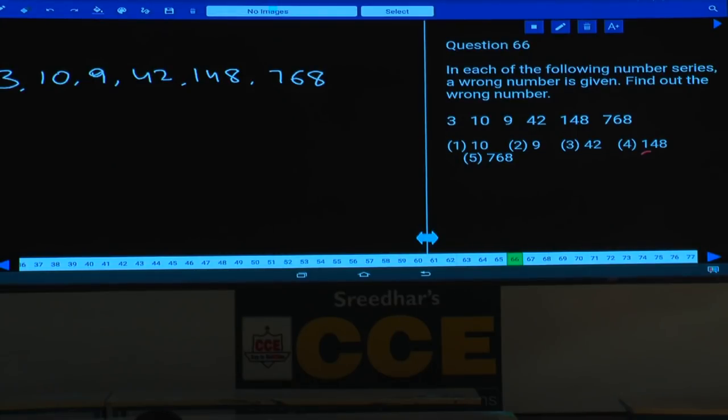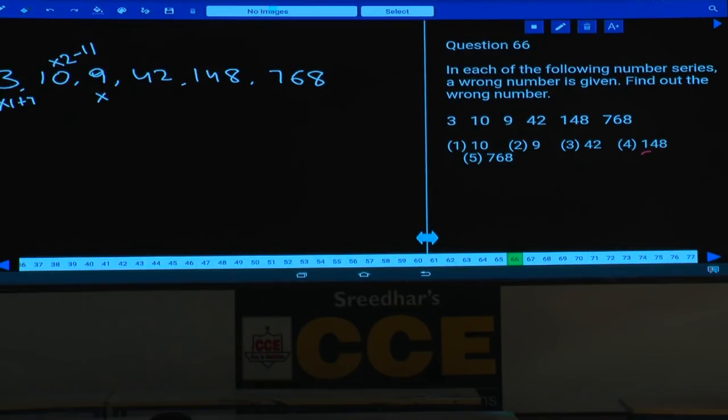Then now in this case, 3 into 1 plus 7, that is 10, and 10 into 2 is 20, 20 minus 11 is 9, into 1, 2.